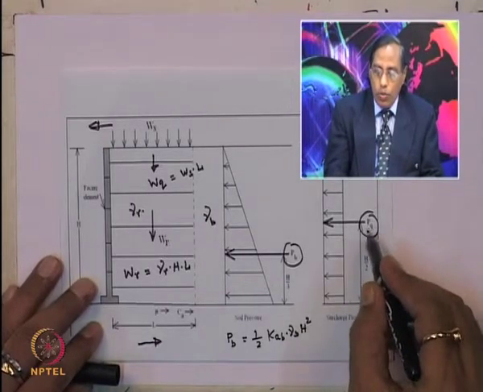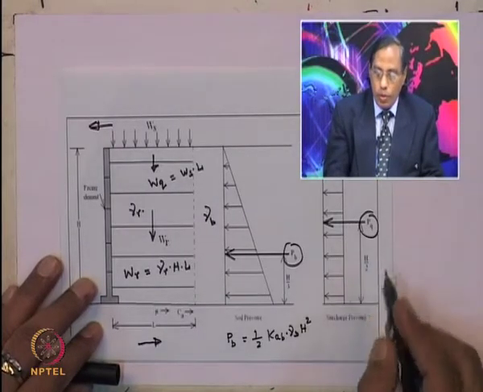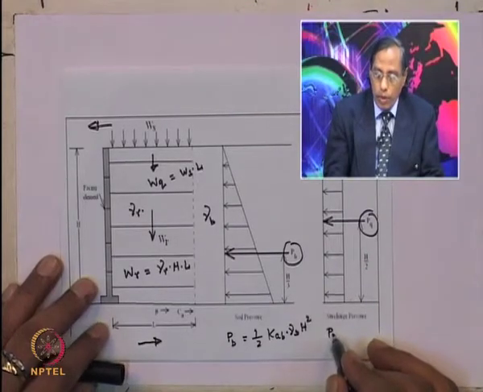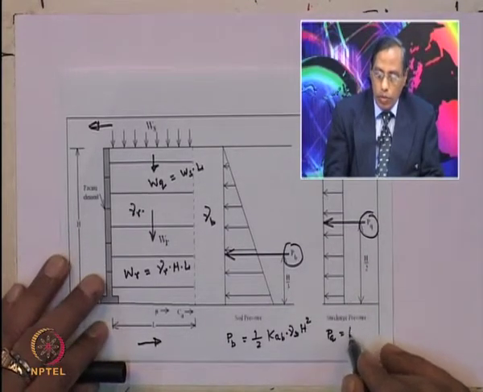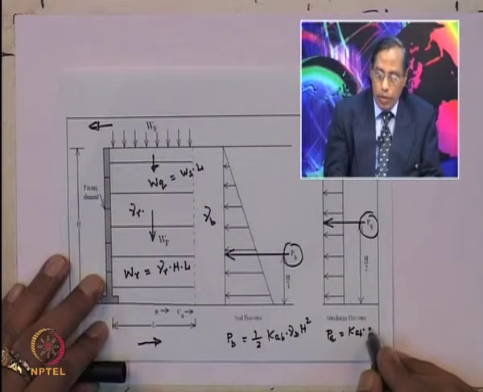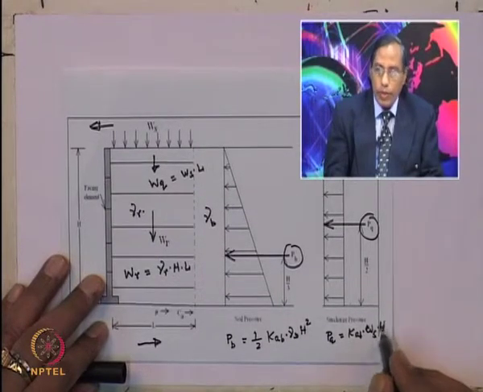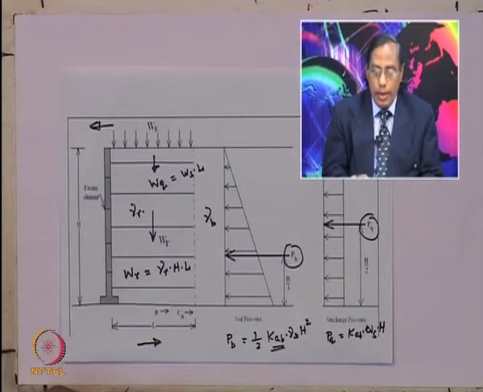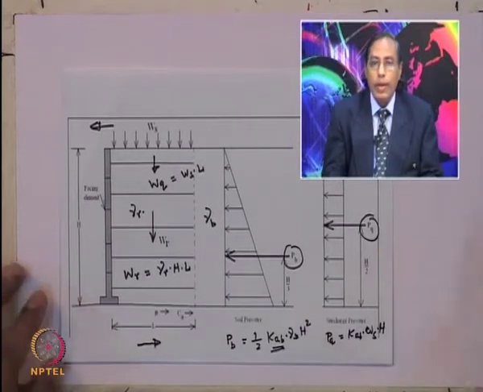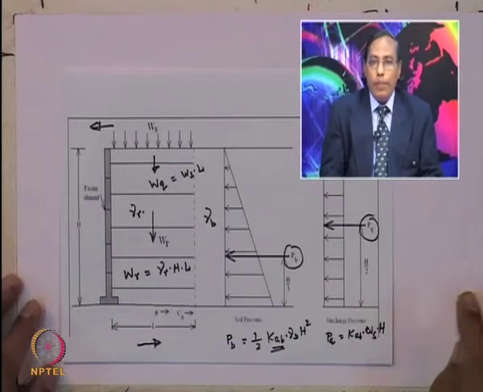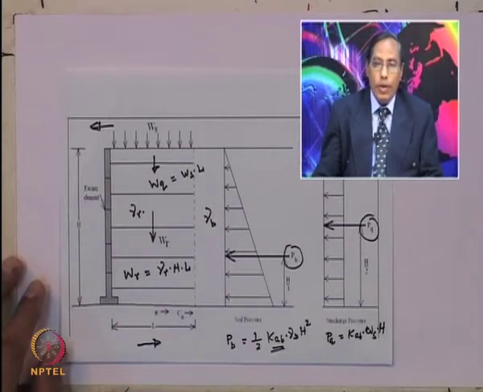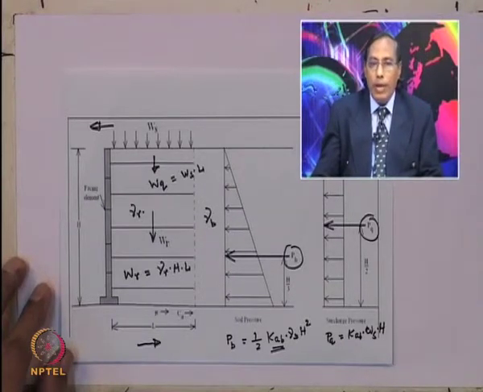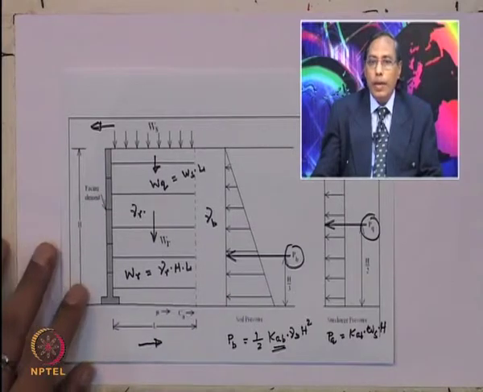Similarly, PQ due to the surcharge is equal to KAB into W of S into H. Here KAB is equal to tan square of 45 degrees minus phi b by 2, the coefficient of active pressure of the backfill soil behind the reinforced zone.